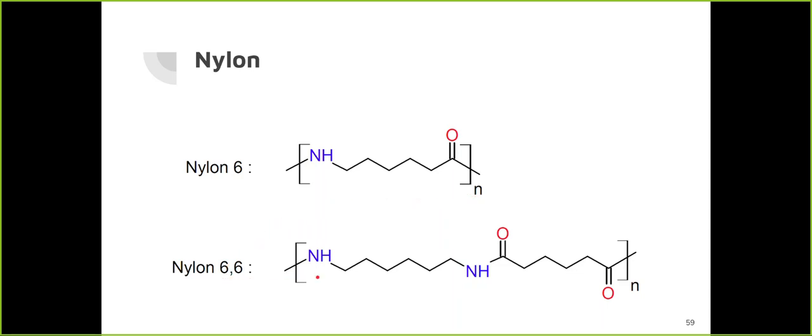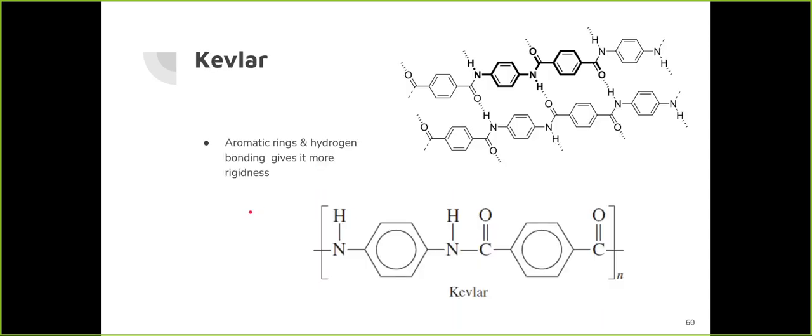Nylon 6,6 is a two-set one that just repeats over and over again. You're not going to have to memorize this. I might ask you what's an example of a polyamide, but not expect you to remember the structure or anything like that.